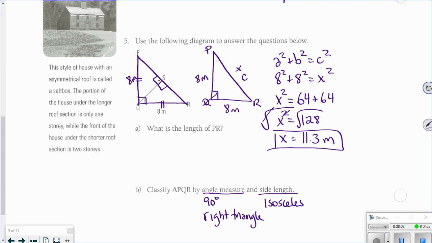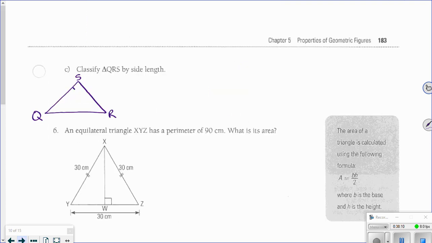So angle S is a right angle on either side of that, which means in the one I'm drawing right now, this right here is a right angle. I also know that this is 8 meters.